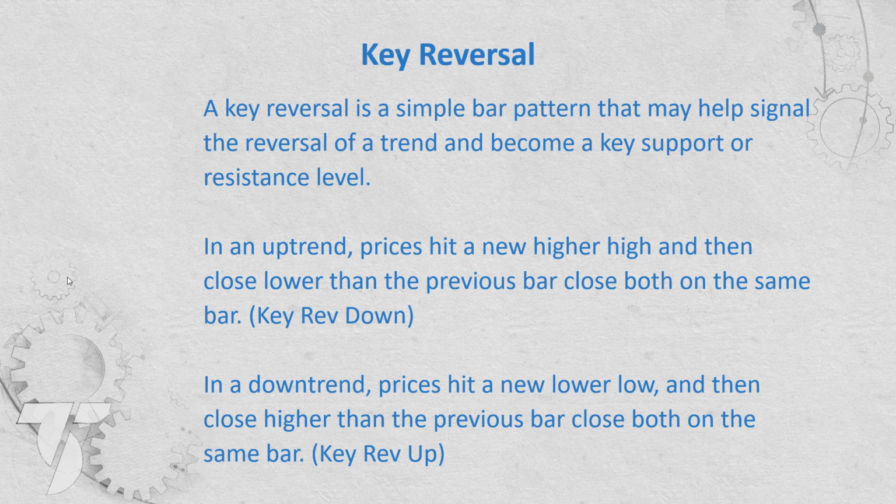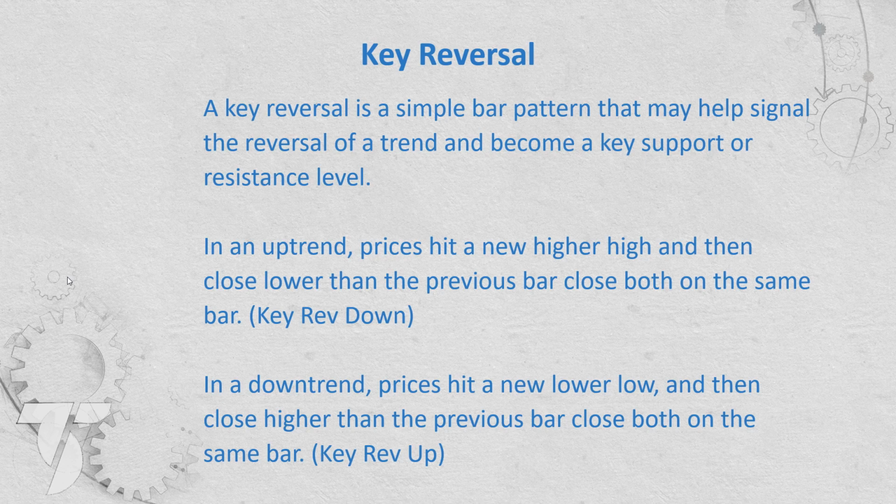So a key reversal is a simple bar pattern that typically signals a reversal of the trend. It can be used on pretty much any bar interval, but it's better on less noisy bar intervals, like 60-minute charts or daily charts. It's very noisy at 1 minute and 3 minutes, probably not designed for that kind of interval.